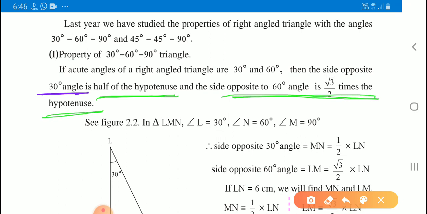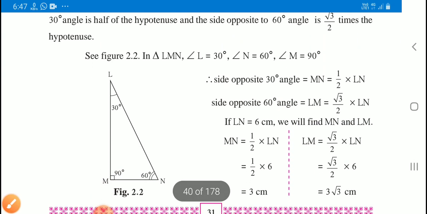Once again, I will repeat. If the measures of the angles of the triangle are 30 degree, 60 degree and 90 degree, then the side opposite to the 30 degree angle is half of the hypotenuse, and the side opposite to the 60 degree angle is root 3 by 2 of the hypotenuse.